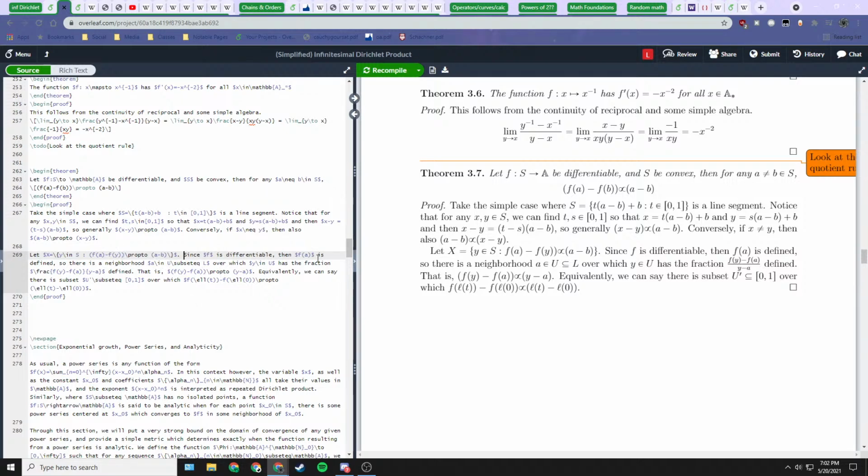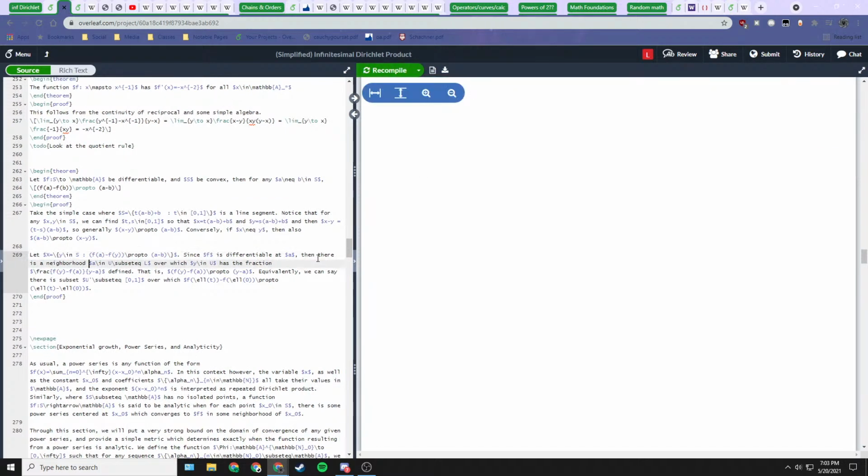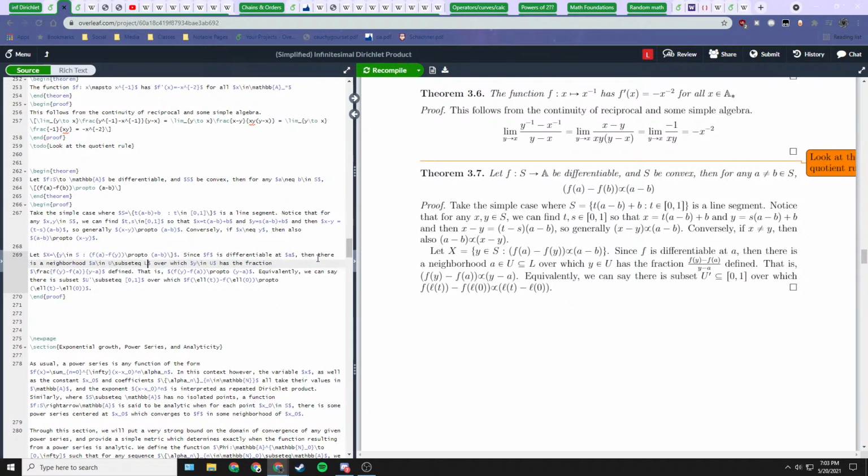And so we can say, since f is differentiable at a, there's a neighborhood containing a subset of the line L, or subset of S, over which each y in U has the fraction.